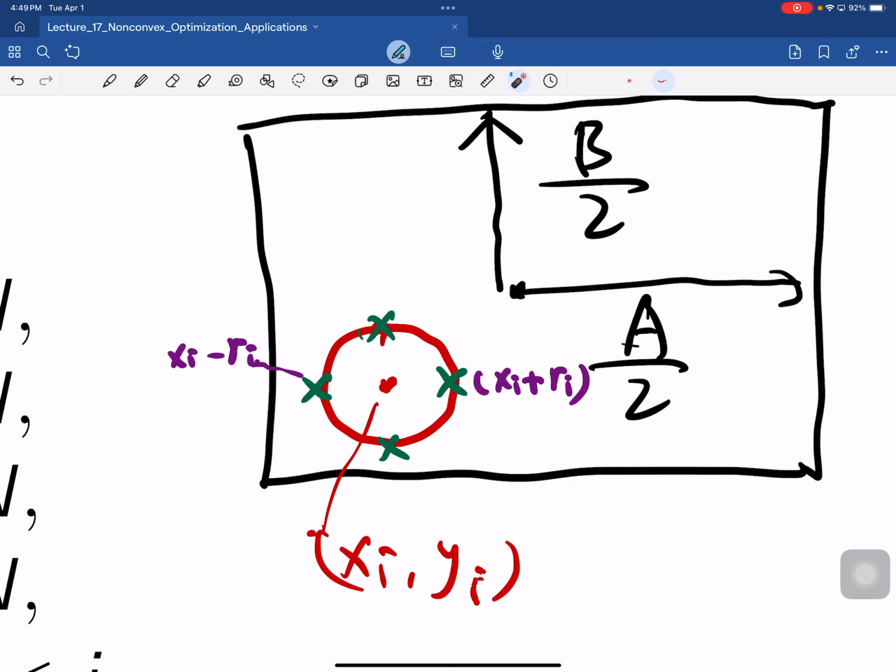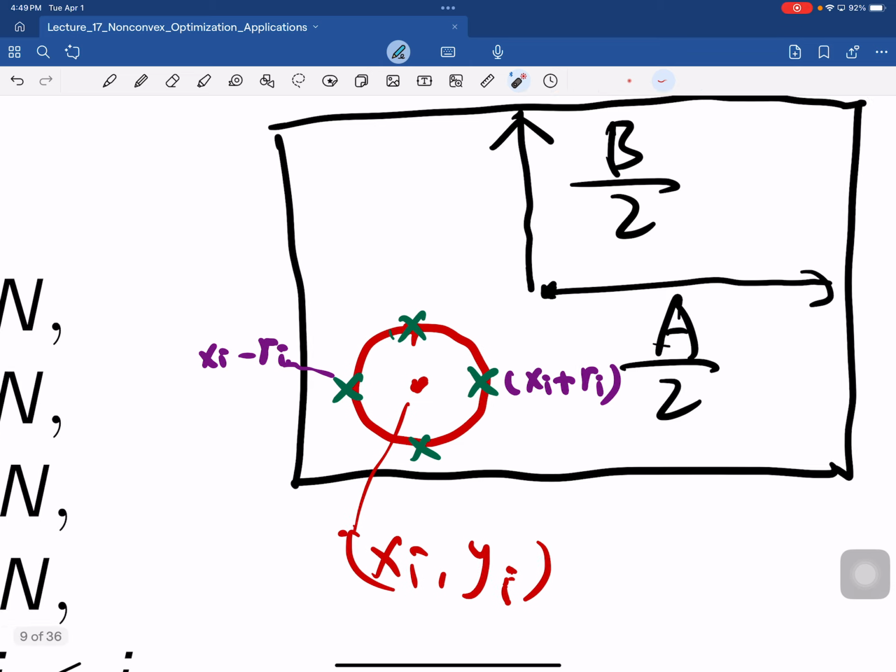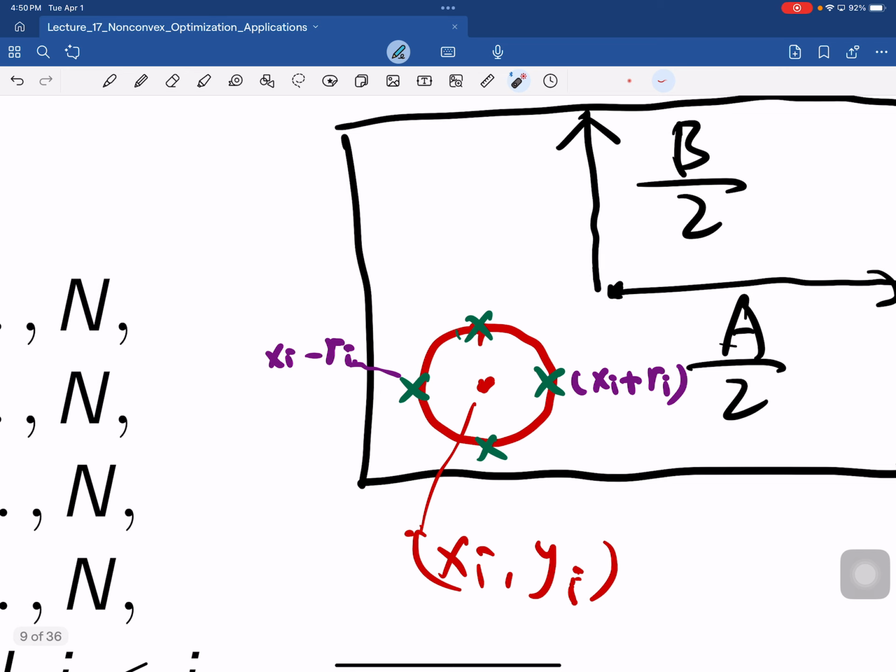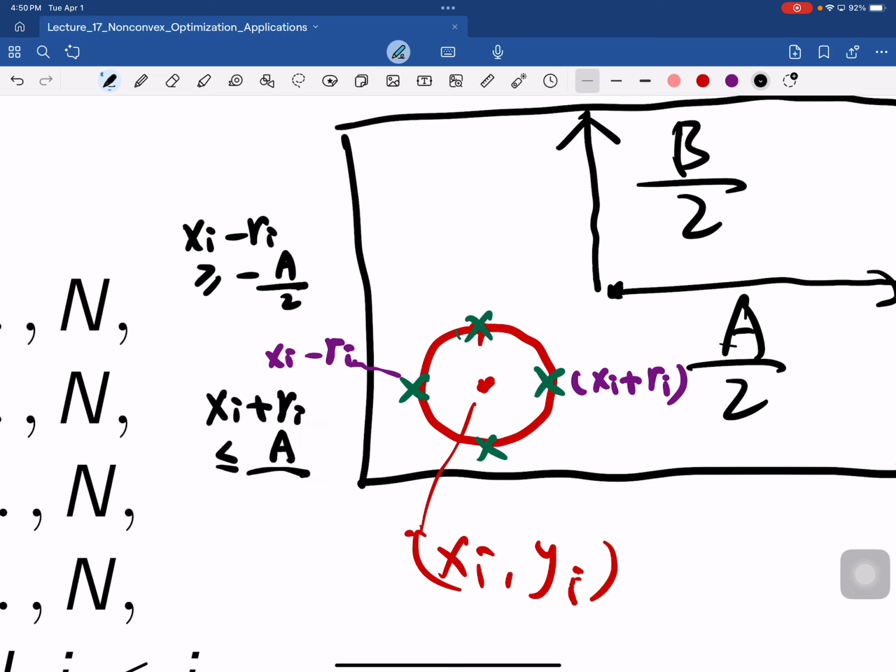Yes? Just xi minus ri is greater than negative a halves. Yeah. xi plus ri is less than positive a halves. Right, exactly, right. So we only need xi minus ri to be greater than or equal to negative a over 2, and then xi plus ri to be less than or equal to a over 2, right?